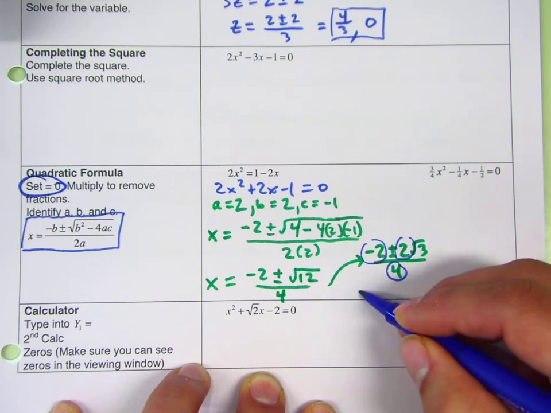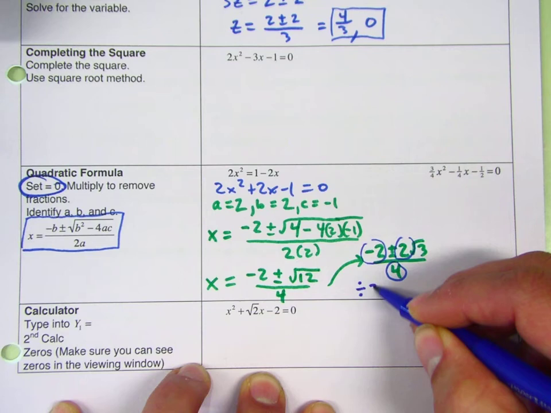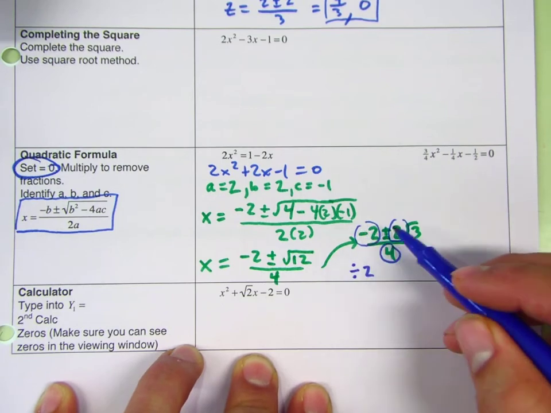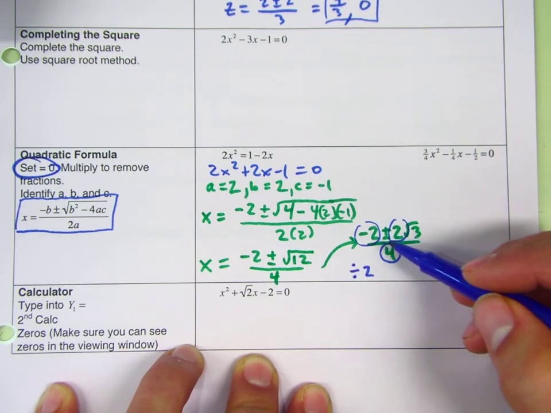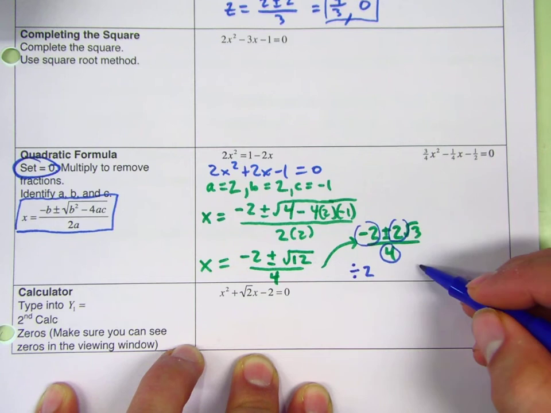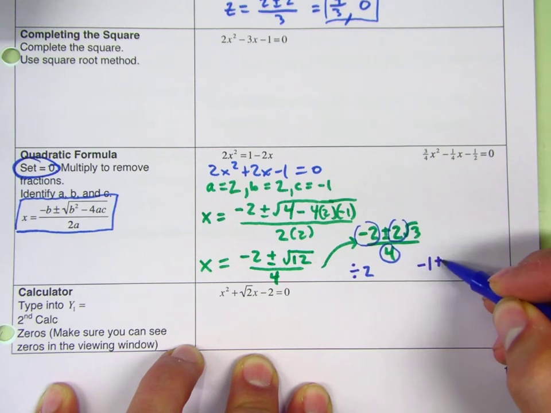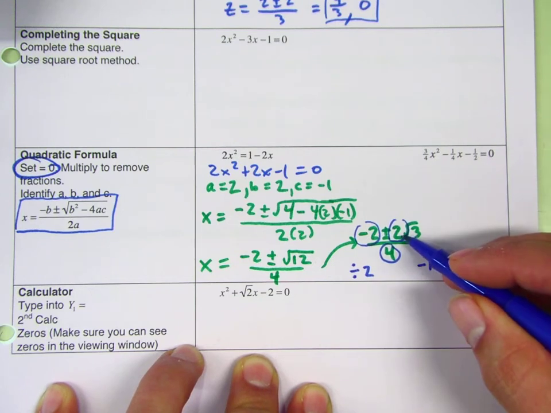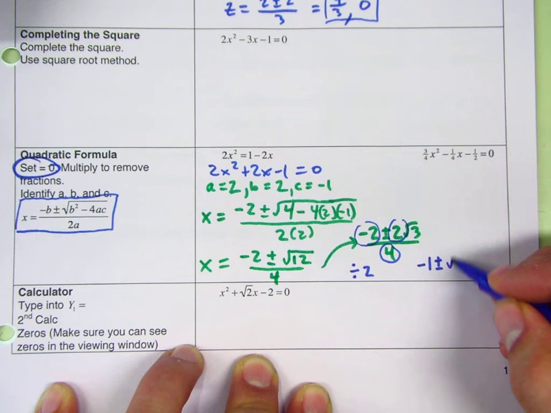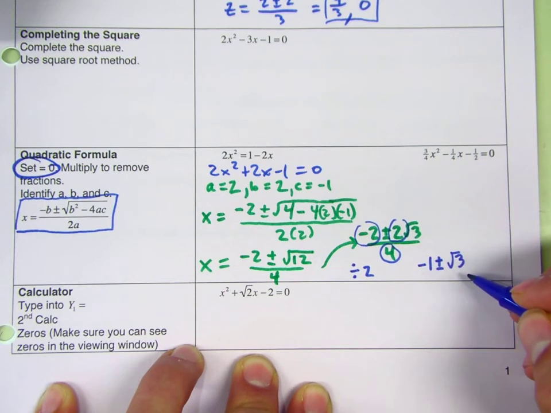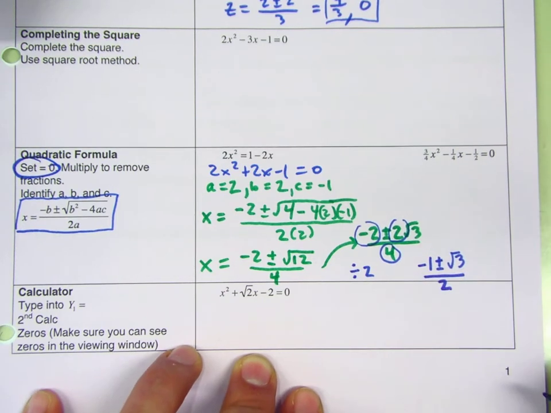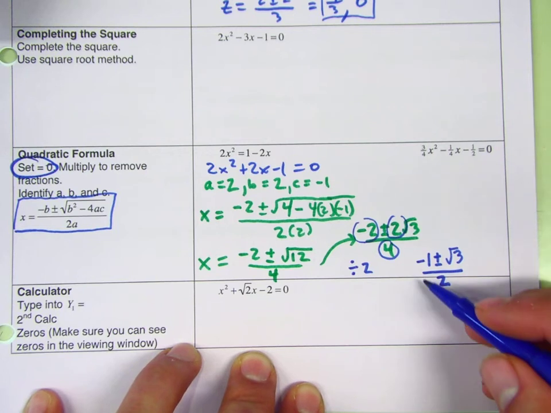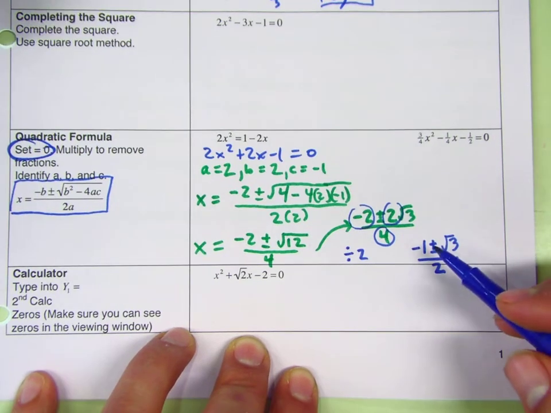A short way of doing this would be to divide every single one of these by 2. So this is going to become -1. 2 divided by 2 is 1, so it's 1 root 3, in other words, just root 3. And then 4 divided by 2 is 2. So this would be your reduced answer, like on an exam or a quiz.